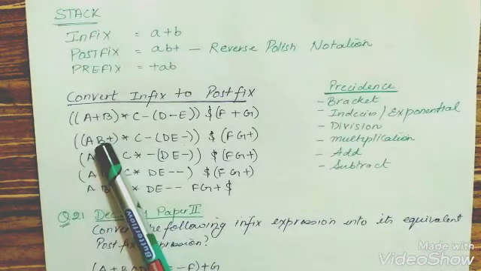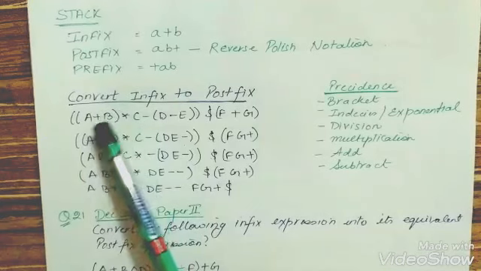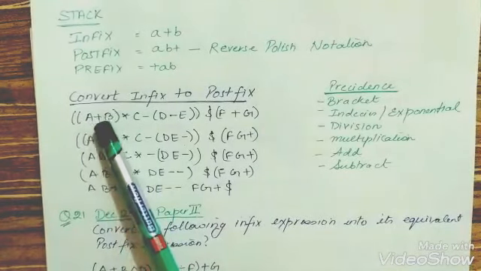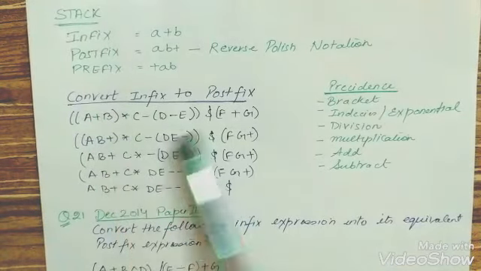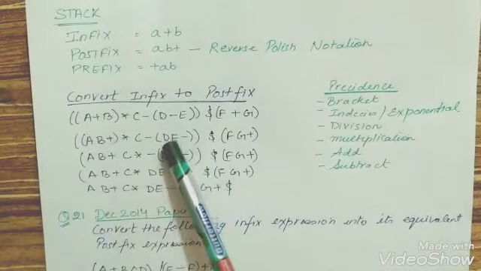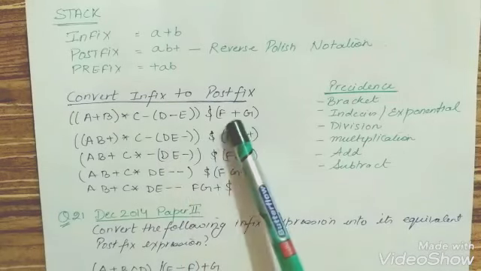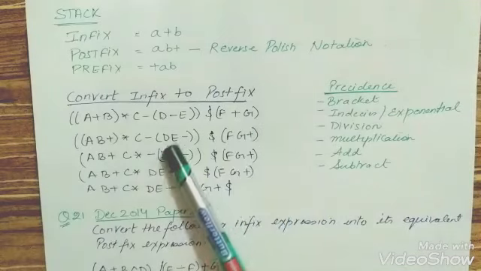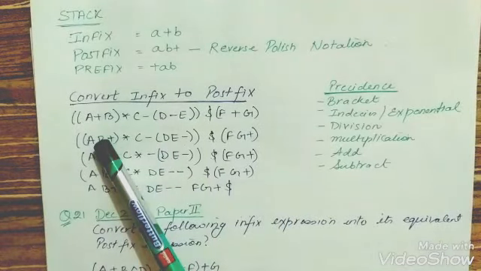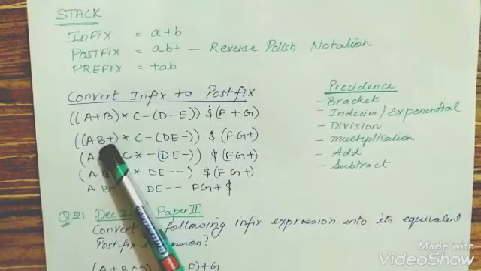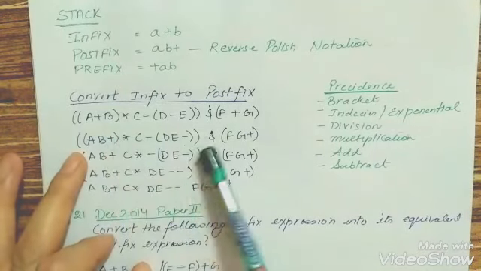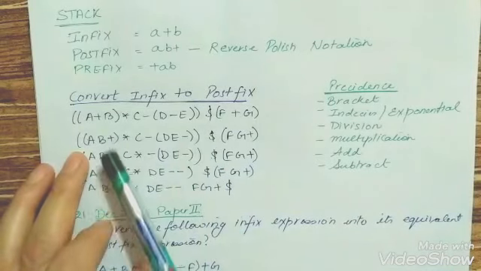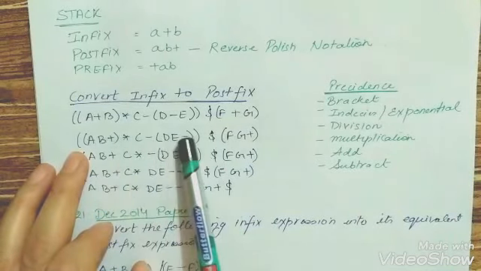Fine. So just look over here. Firstly, we will solve these expressions inside the brackets. So a plus b becomes ab plus, and here d minus e becomes de minus, and f plus g becomes fg plus. So this is the postfix notation inside the bracket. Fine. So after solving this bracket, now we need to solve the bigger one, right? So this becomes one term and this is another term.